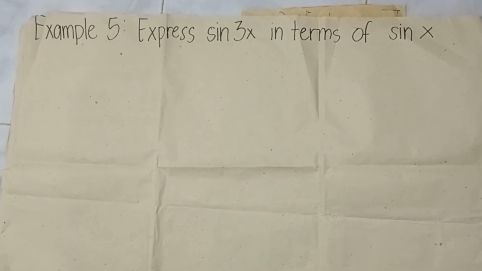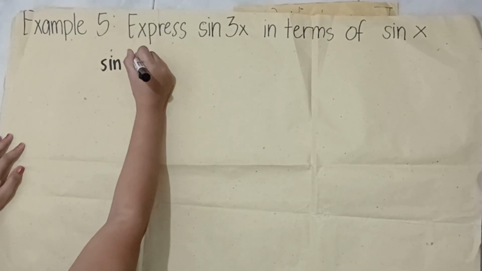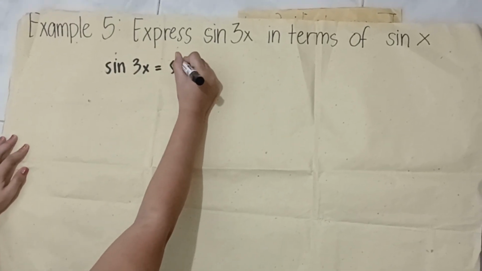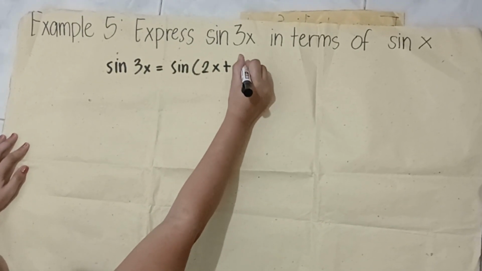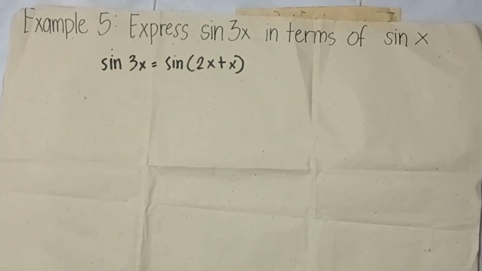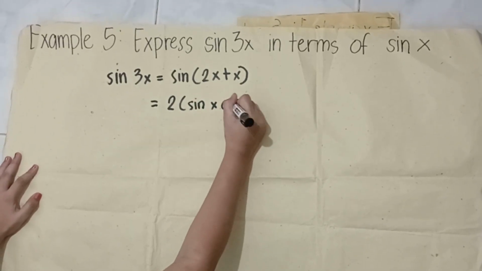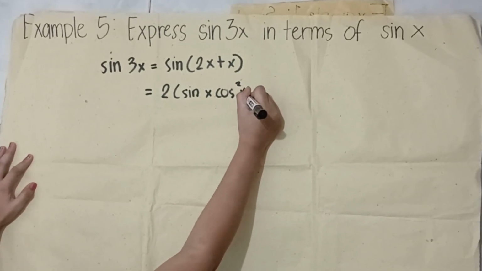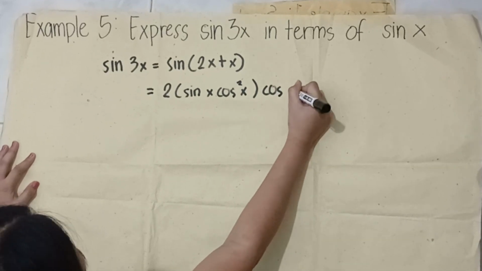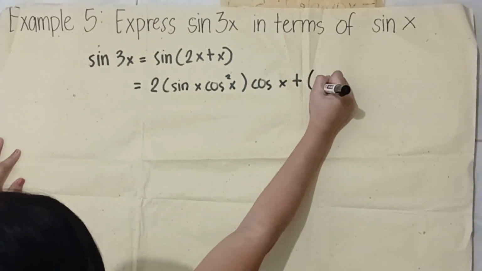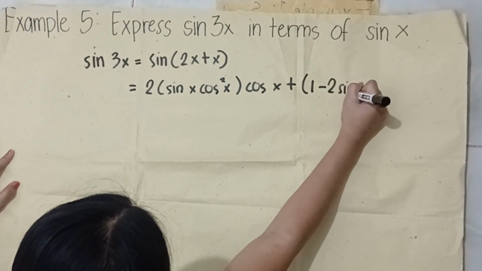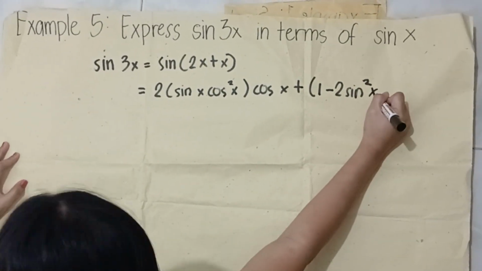Example number 5. Expressing sine 3x in terms of sine x. Express sine of 3x in terms of sine of x. So to solve this, first we rewrite the sine 3x as sine of 2x plus x. And then, we use the sine sum formula and the double angle. And then we simplify by multiplying it.